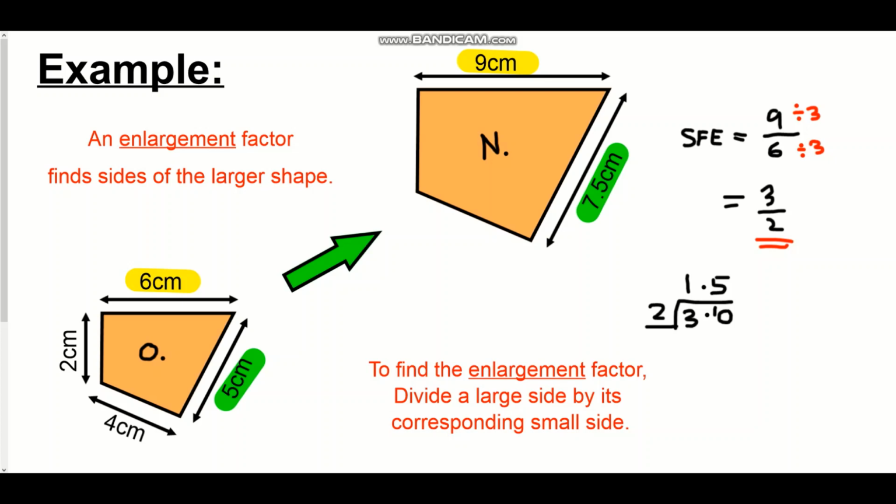So we could just as easily say that our scale factor enlargement, SFE, is equal to 1.5. And that is how to find a scale factor from two shapes that have been enlarged or reduced in scale.